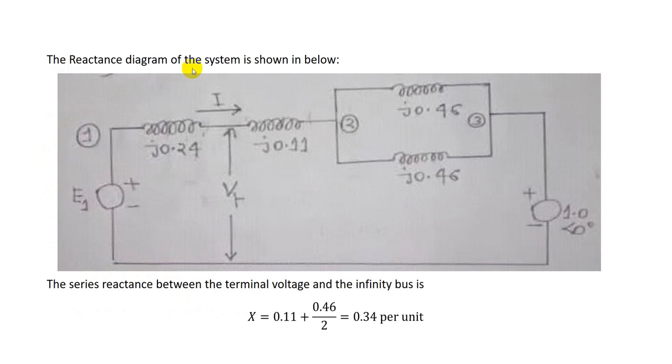The reactance diagram of the system is shown below. From the diagram of the question, I have made this reactance diagram of the system, and from this diagram we get the series reactance between the terminal voltage and the infinite bus. Here 0.11 is connected with these two reactances, and these two reactances are connected in parallel with one another.